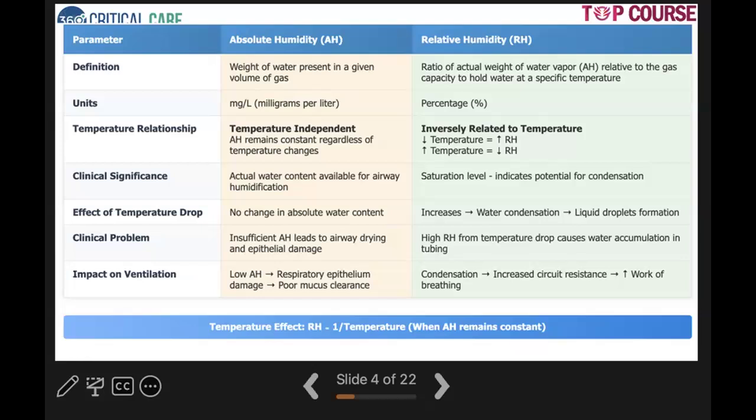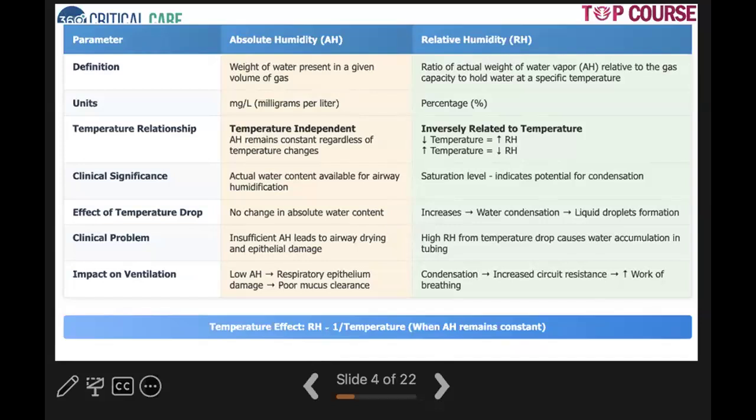And the clinical problem that can occur with absolute humidity is that when you don't select a device with an appropriate absolute humidity, there is no use of using that device. It is the same as a mechanical ventilator keeping the airway dry. And when you use a device with a higher relative humidity, that is the clinical importance of relative humidity.